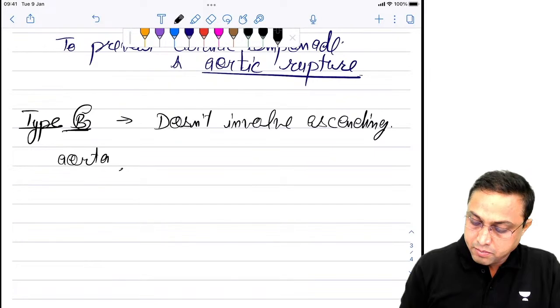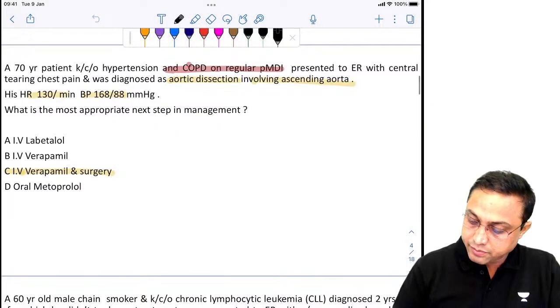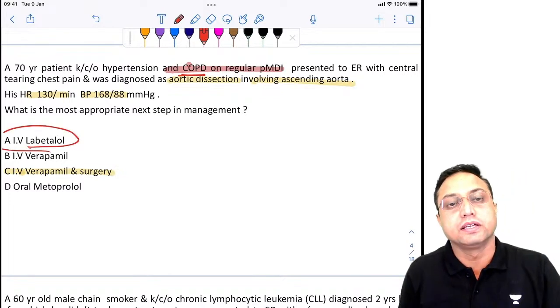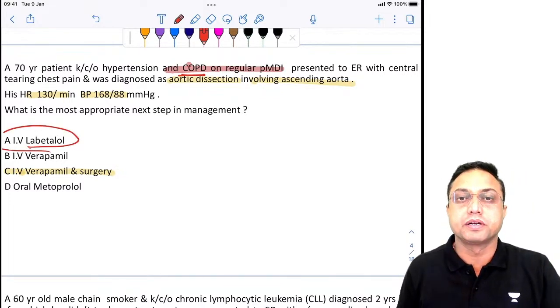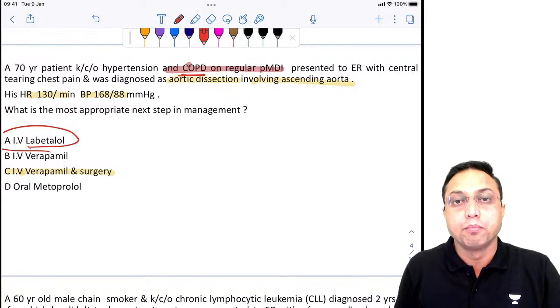But since this patient has COPD, if you give labetalol, what is going to happen? It may precipitate bronchospasm.